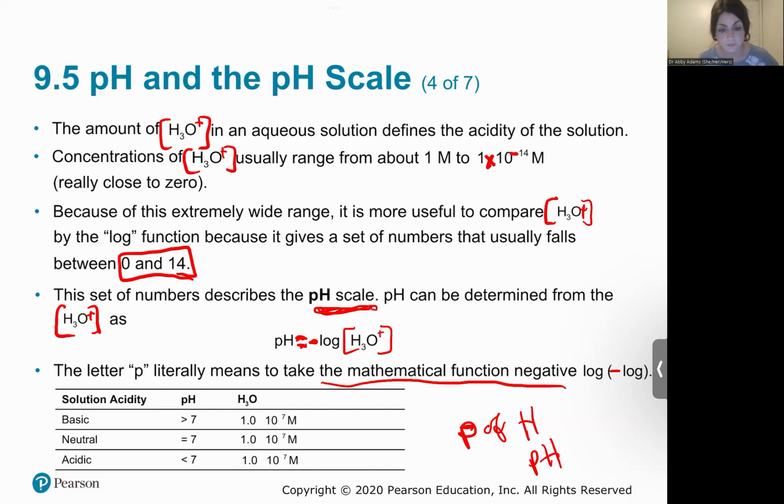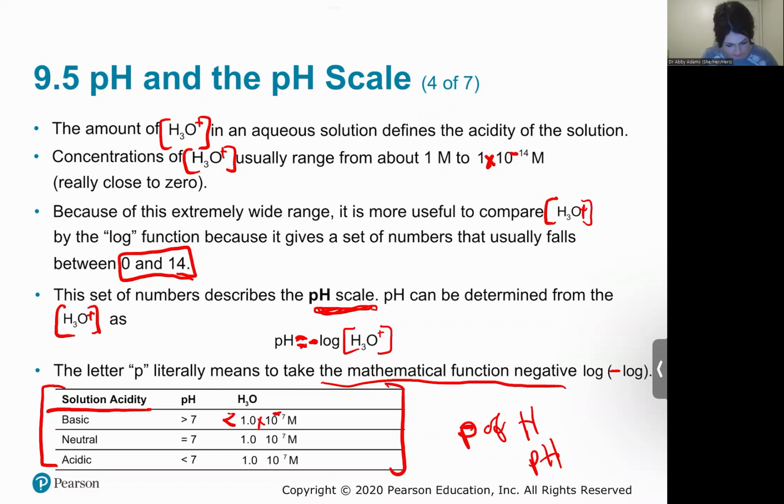So if you look here, you'll see that reference of pH to whether something is basic, neutral, or acidic. So if you have a solution that is basic, the pH is going to be greater than 7, right? And so here we have a number in reference to 7, right?